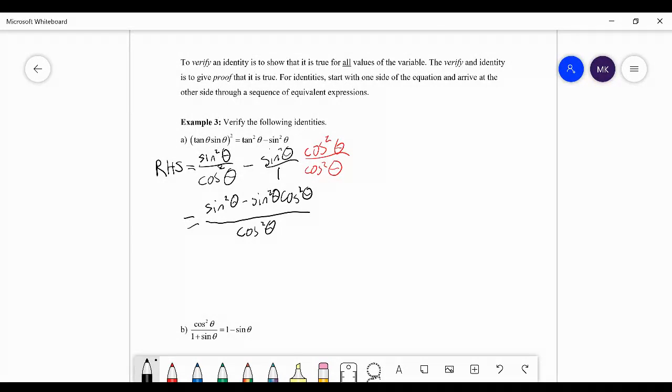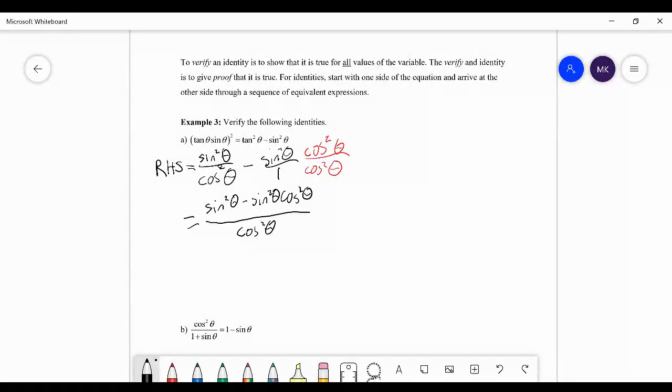Okay. So now looking at this, trying to identify what we need to do, we need to look at what we have. In the denominator, I just have cosine squared. That's really not going to help me out. In the numerator, I have sine squared theta and minus sine squared theta cosine squared theta. I don't have a Pythagorean identity, right? So that's not a setup that I have right now.